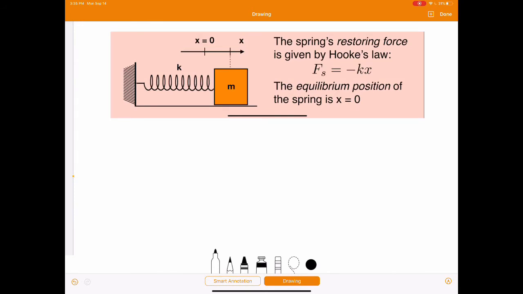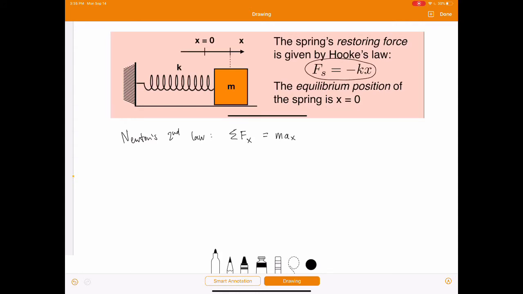Okay, so let's take a closer look at this simple harmonic oscillator. And in particular, let's apply Newton's second law to the block. So F equals ma. We can apply this to the x direction. So the net force in the x direction is equal to the mass of the block times the acceleration in the x direction. Now, the assumption is that we don't have any friction or air resistance.